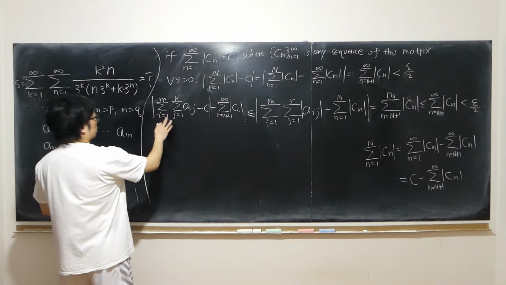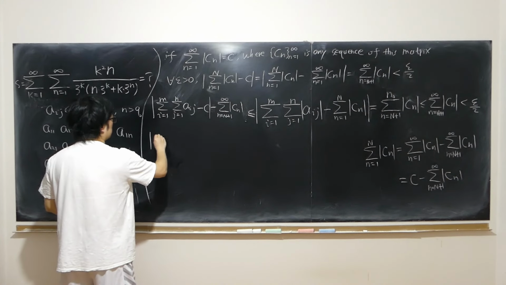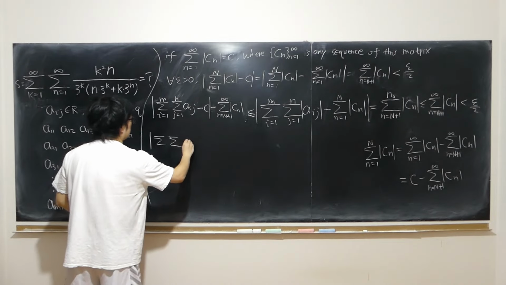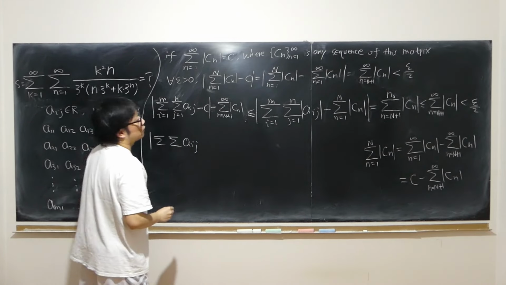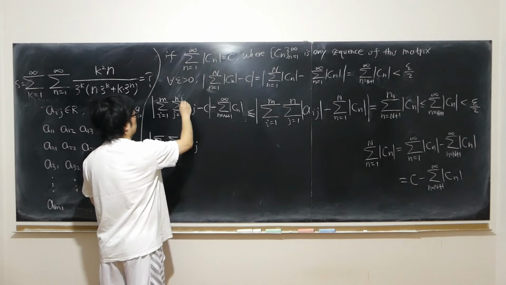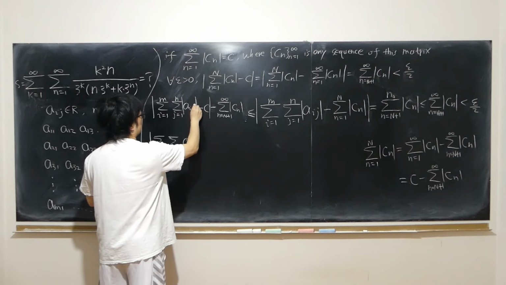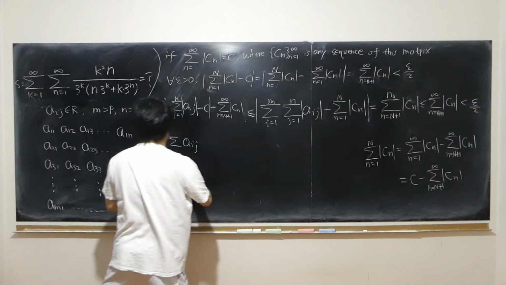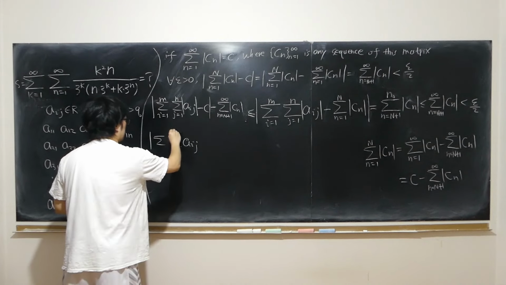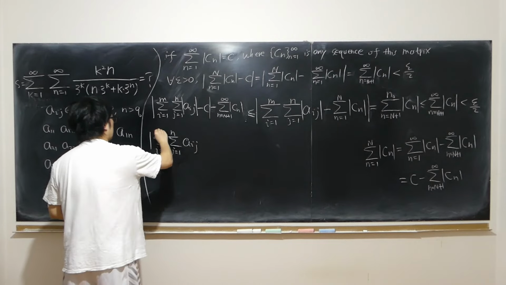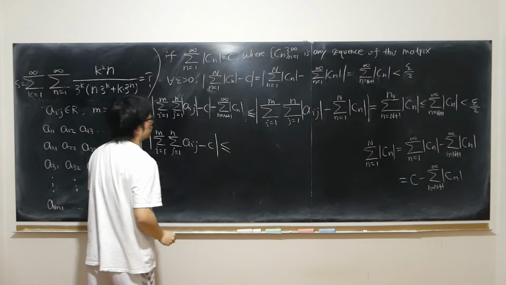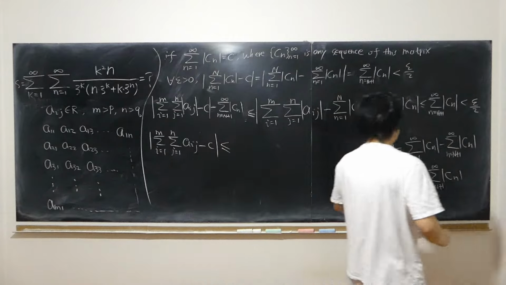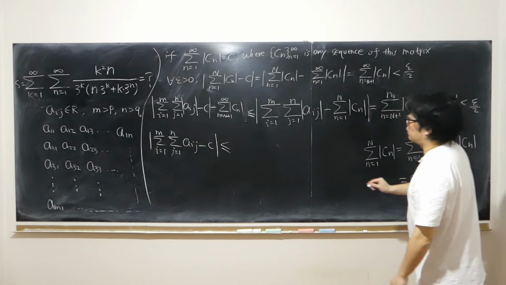Now this time let's just move this term over to this side. So this stays: the sum of Aij, there's absolute value, I almost forgot, j from 1 to n, i from 1 to n, minus C in absolute value is less than or equal to this term from here.